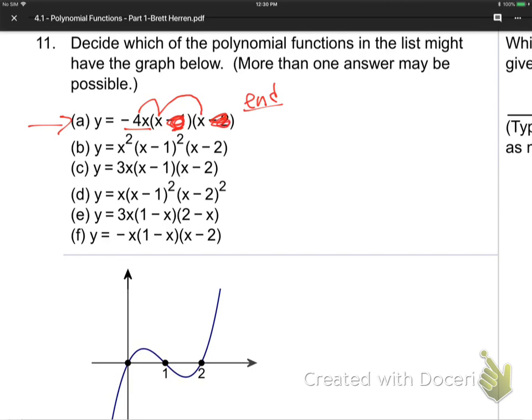I just care about the most powerful interaction. So you have negative 4x times x times x. Negative 4x to the third would be the most powerful term coming out of the FOIL multiplication, which means down in the end. That's not right. This graph is not going down in the end. The maximum number of turning points is 2.